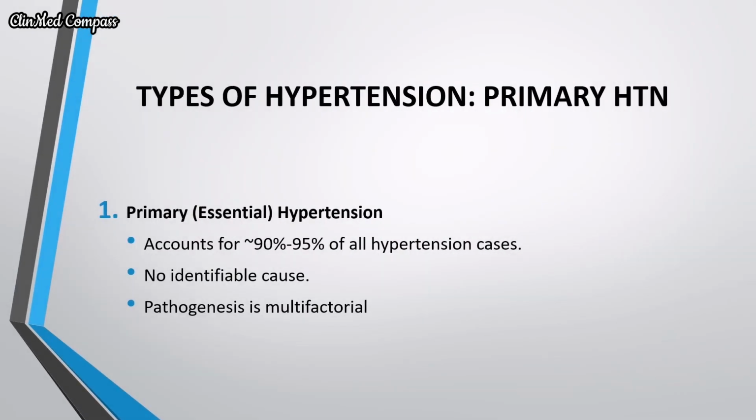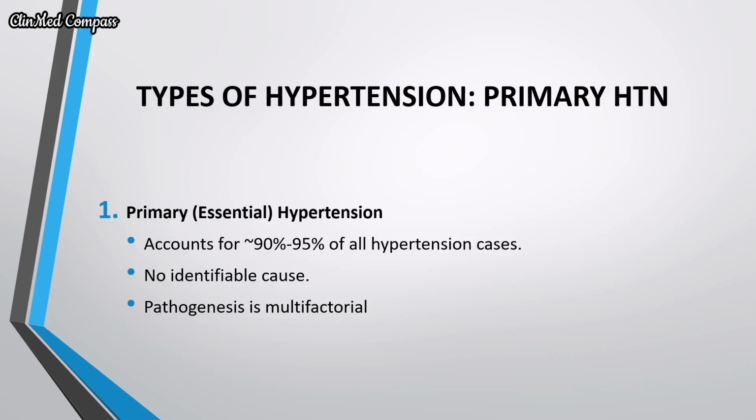Let us look at the types of hypertension. There are majorly two types of hypertension, the primary and the secondary hypertension. We'll start with the primary hypertension, also called the essential hypertension. It accounts for about 90 to 95% of all hypertension cases. And here is what you need to know.